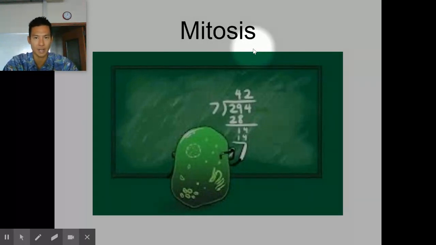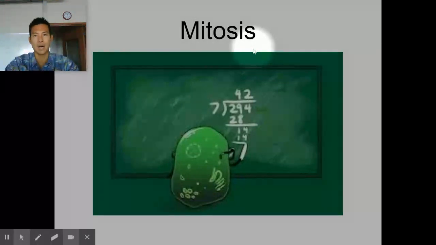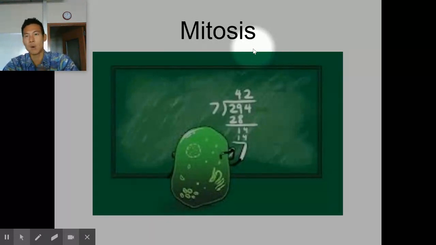Are you guys the same size now? To increase that much mass, obviously you have to increase the amount of cells in your multicellular body. So growth and development would be one reason why multicellular organisms go through mitosis.